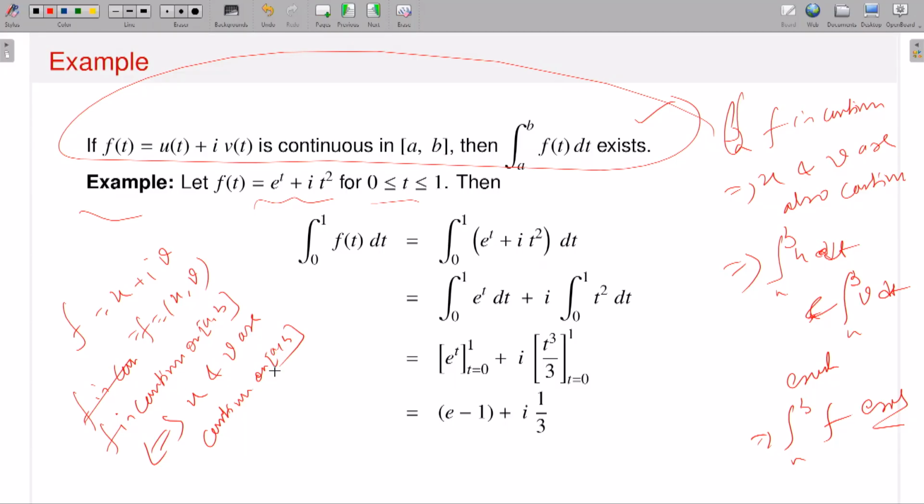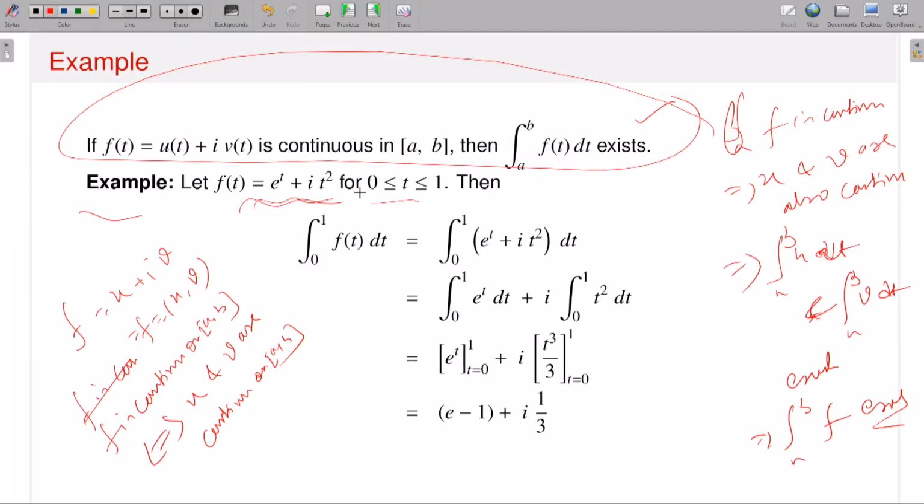I already discussed this when I was talking about existence of limit and continuity. F is continuous means the component functions, the real part and imaginary part, u and v, are continuous functions, and if the real and imaginary component functions are continuous, my whole function f is continuous.